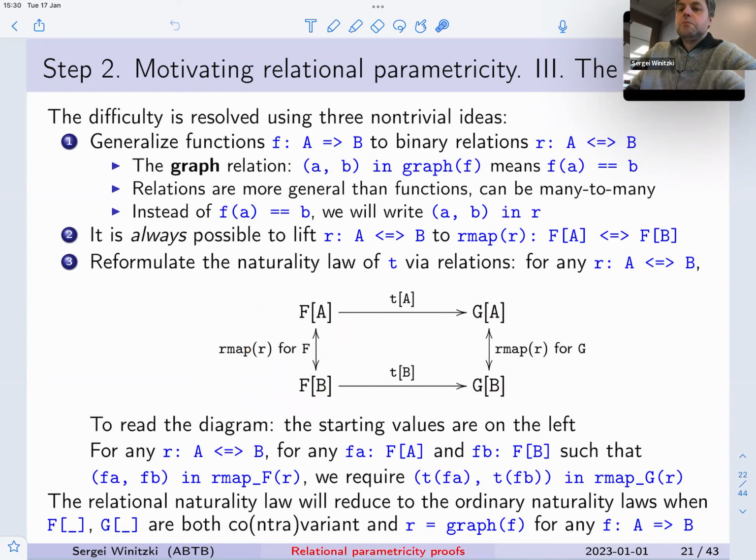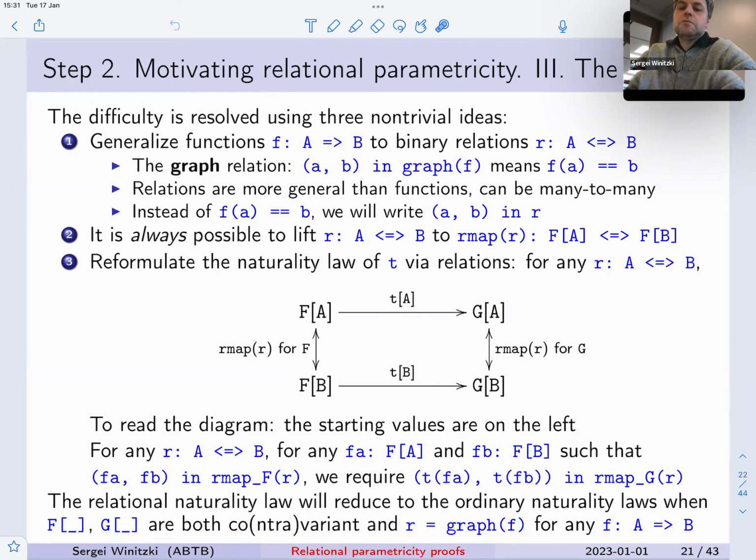And now these are actually not arbitrary. So if you take any relation between A and B, then you need to lift that relation first to F, and then you lift that relation also to G. And then you get these two other relations, which you need to impose. So the naturality law is that, if you write it in words, for any relation R between A and B. Now I'm going to talk more quickly, between A and B, instead of saying a relation R between values of types A and B. So that's the only kind of relations I'm going to talk about in this tutorial.